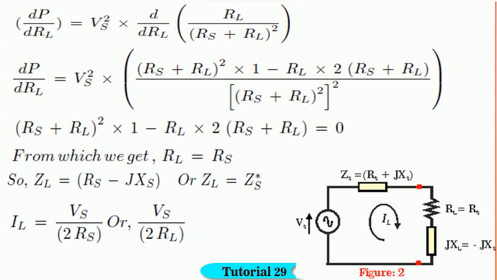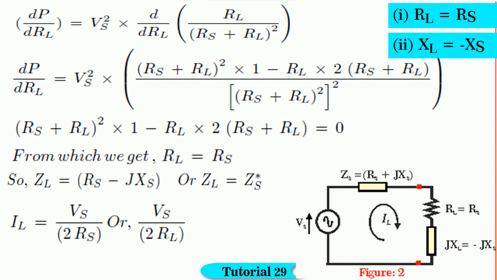Friends, now look, we have got two conditions. One, RL equal to Rs, and two, XL equal to minus XS, and our load is ZL equal to RL plus jXL.